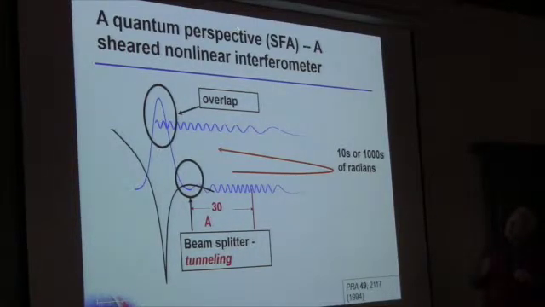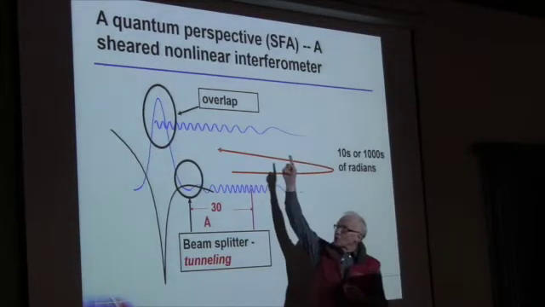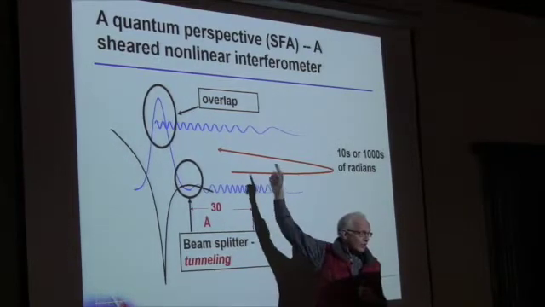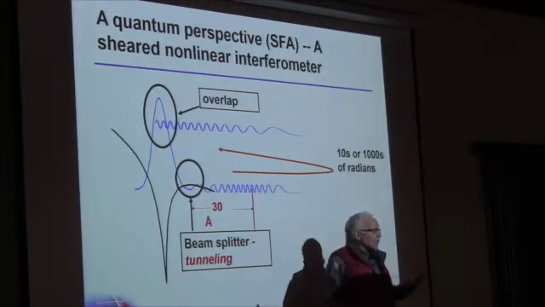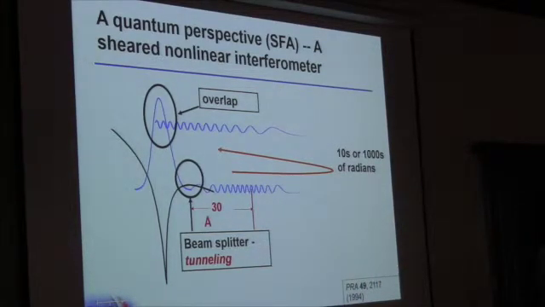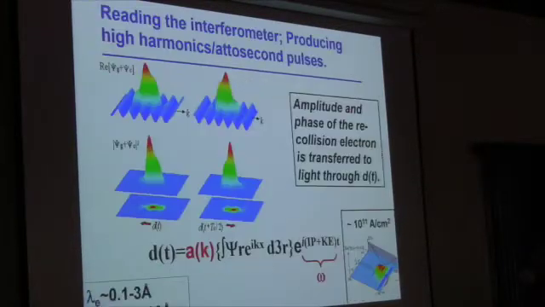So a quantum perspective is a bit like an interferometer, an electron being driven out, driven back again. Classical physics gives you the trajectories. You can make it semi-classical physics and get the electron phase along the trajectories. And the sum of all trajectories, all moments of birth, gives you the wave packet that I've described to you in quantum mechanical language. So this is a wave packet, which is a bit like a shear interferometer.